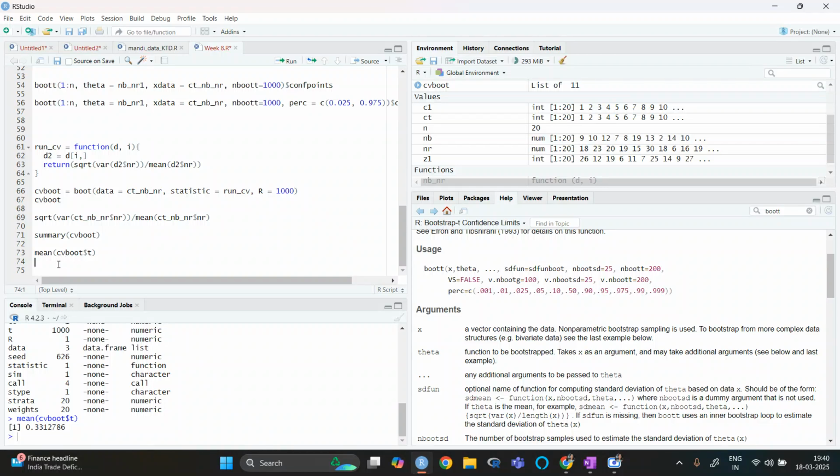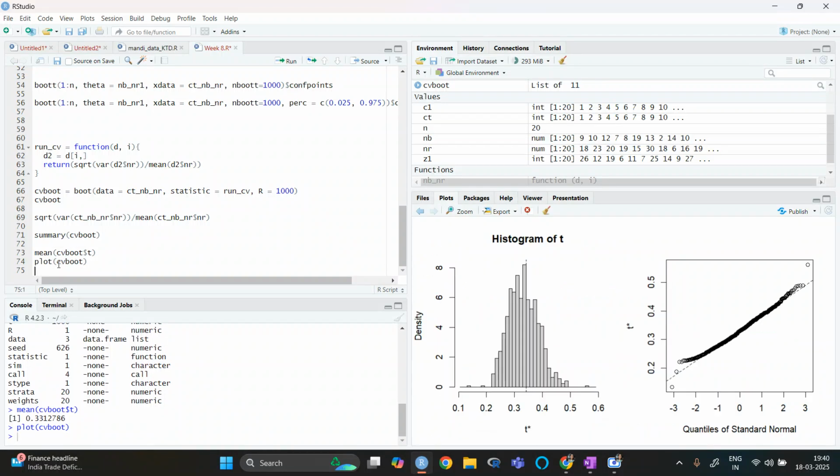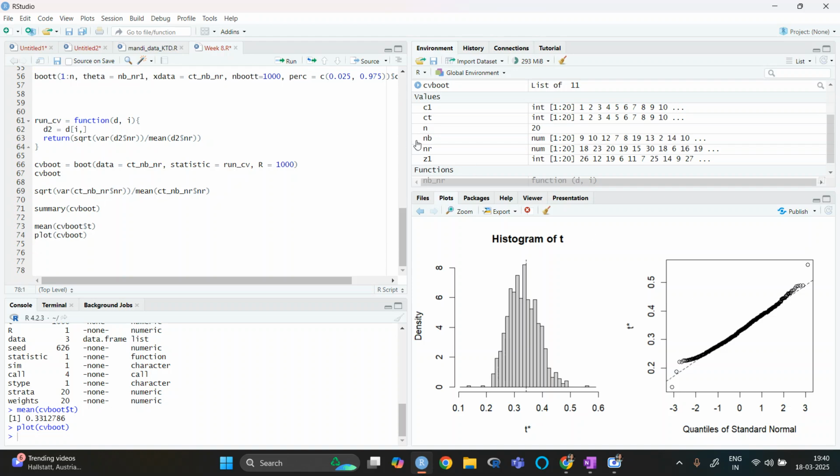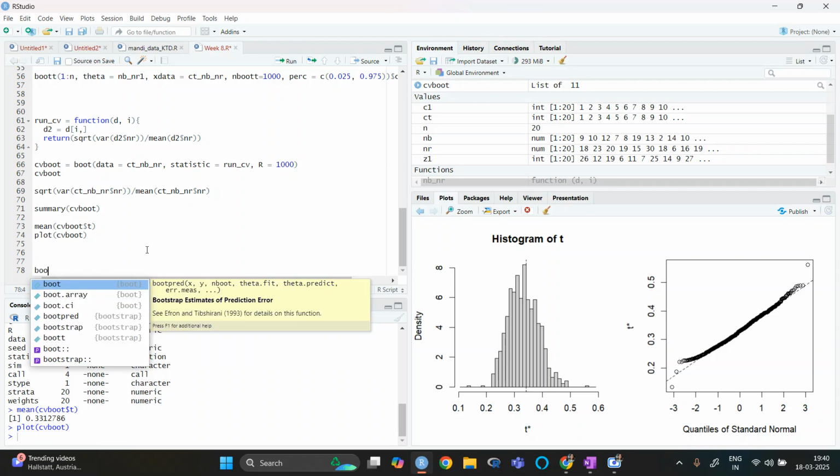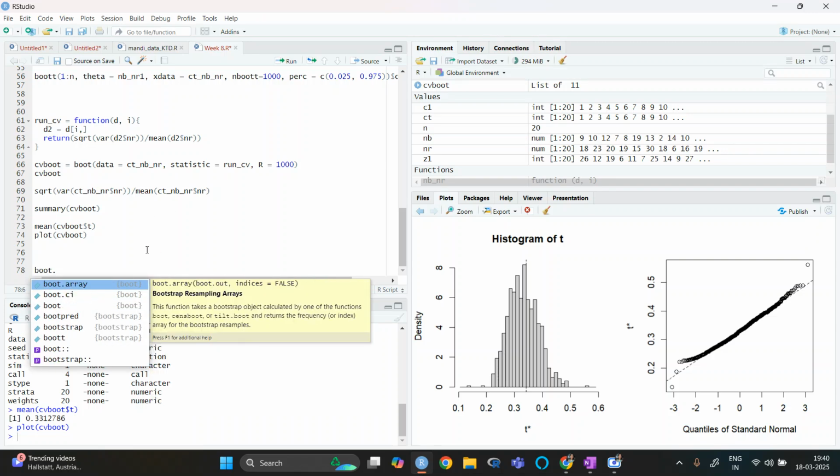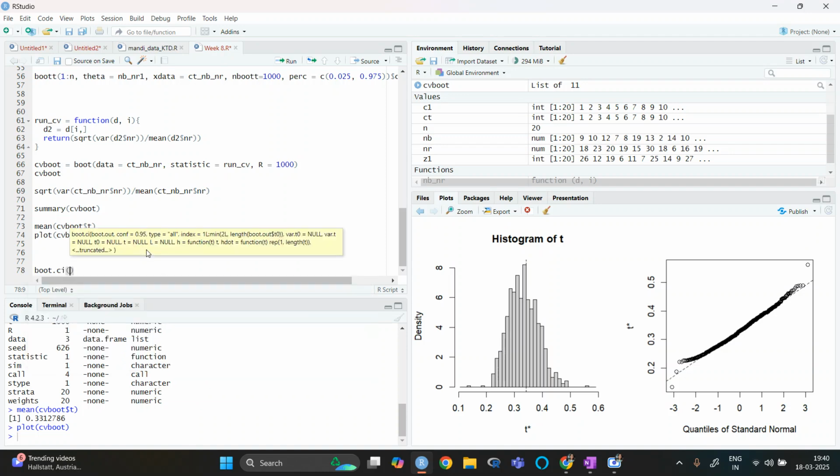If I try to plot this, you can see it is also following the normal distribution. This one is the coefficient of variation.